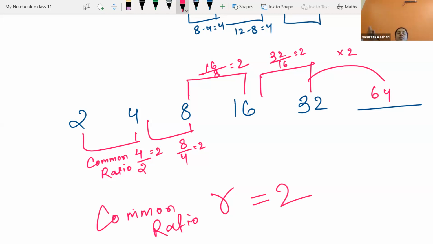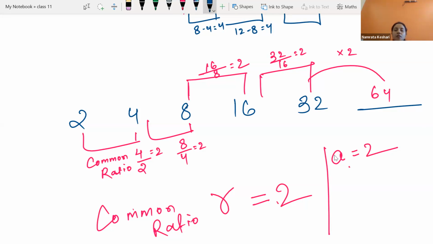We divided the second term by the first term, or the third term by the second term. This is the common ratio. Now the first term we will represent with a, that is 2. So our a is 2, our r is also 2. a and r have no correlation. a is the first term, and the common ratio is just the ratio of the second and the first, so it can be anything.